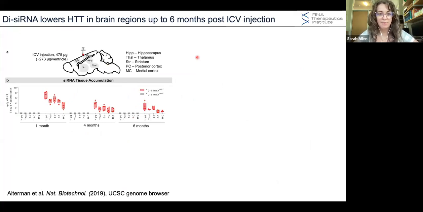We have also published some work, this Altman et al. paper, in which we characterized a divalent siRNA specifically against Huntingtin. You can see that up to 6 months post-injection into the ventricle, we detect significant amounts of divalent siRNA accumulated in the brain.